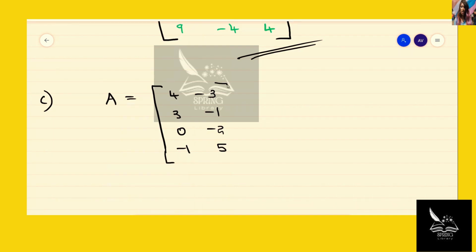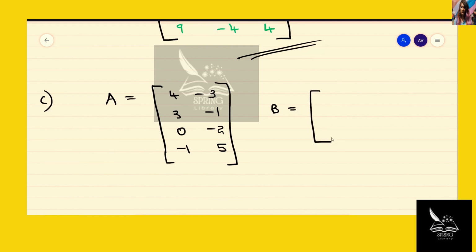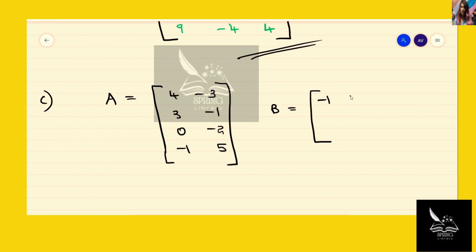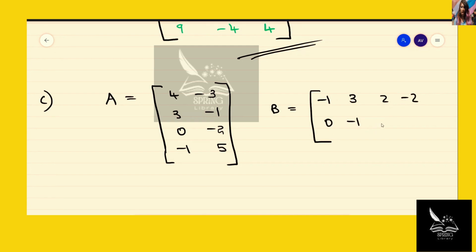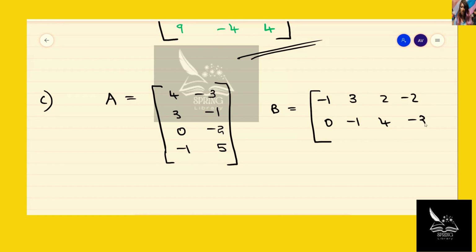In the case of B, it has the elements minus 1, 3, 2, minus 2, 0, minus 1, 4, minus 3. So we are going to follow the same steps over here also, right?